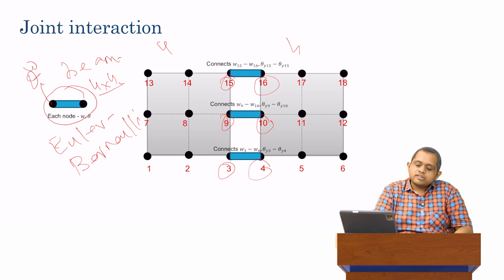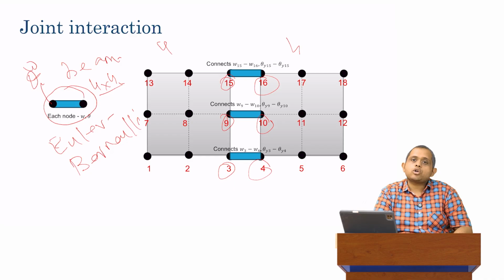And then what I have is that this 4 degree of freedom system is basically connecting these 4 degrees of freedom of the nodes across the joint. So it's connecting W3 with W4 and theta y3 with theta y4. Similarly, W9 with W10 and theta y9 with theta y10, and finally W15 with W16 and theta y15 with theta y16.